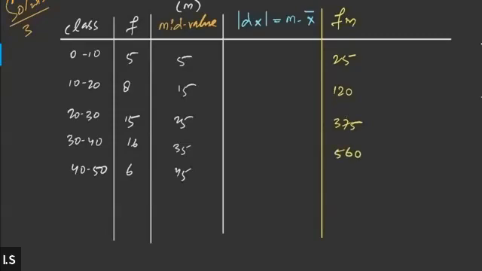And 45 into 6 will be 270. And we will total this. Sigma fm will be calculated. So 270 plus 560 plus 375 plus 120 plus 25. So it will be 1350.